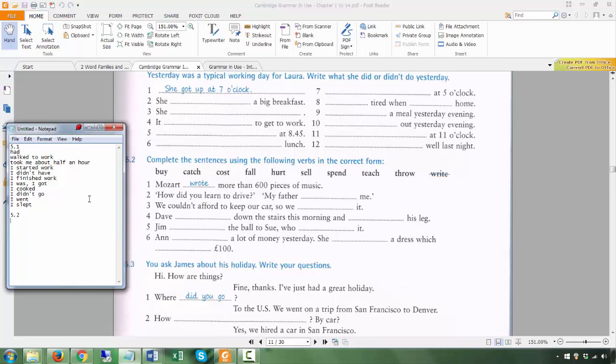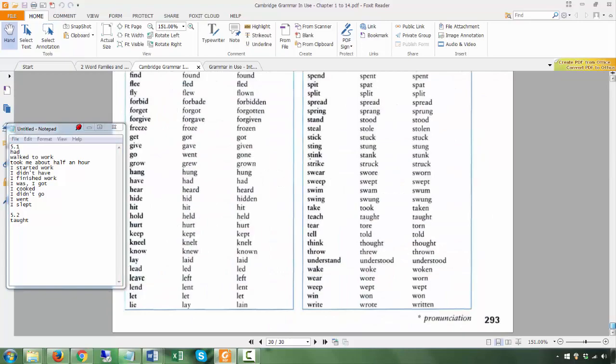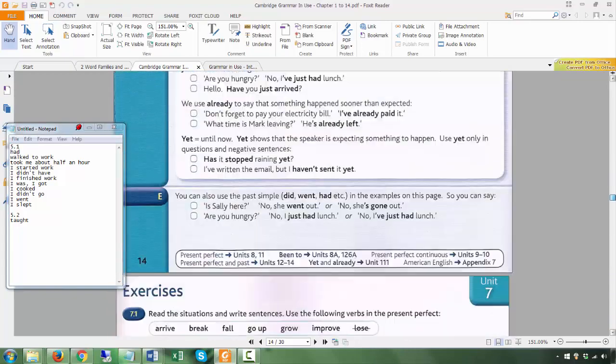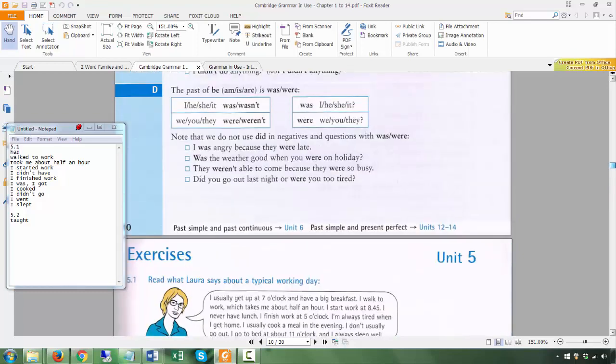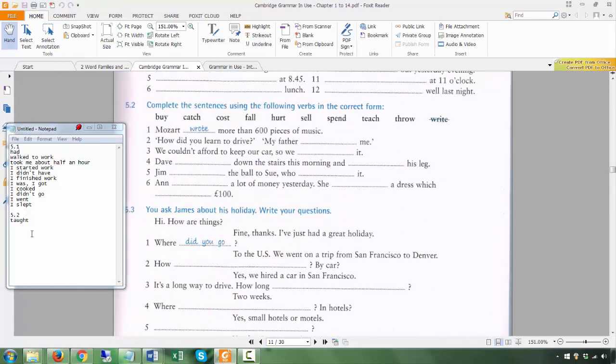Next, 5.2. How did you learn to drive? My father taught me. Teach, because these are mainly irregular verbs. Okay, so teach, taught. If you're not sure, I mean, this is pretty much, you guys should know this. If not, go back to the end here. So taught, we couldn't afford to keep a car, so we sold, past simple of sell.